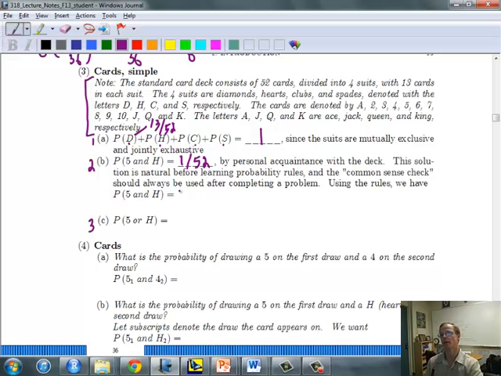5 and heart, using the rules, that would be probability of 5 times probability of heart given 5. Given 5, let's just use the bar. Well, we know that there are 4 out of 52 5s, and if you have a 5, I'm going to have the heart 5, the spade 5, and so on.